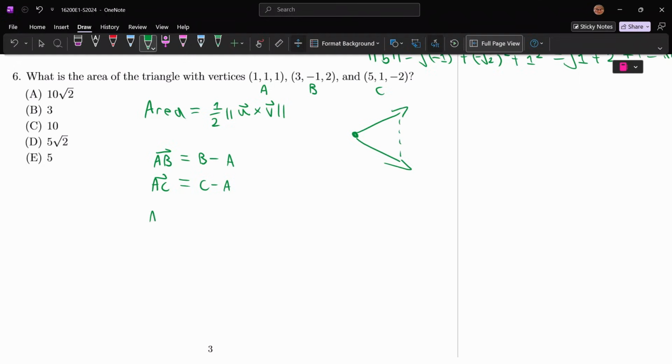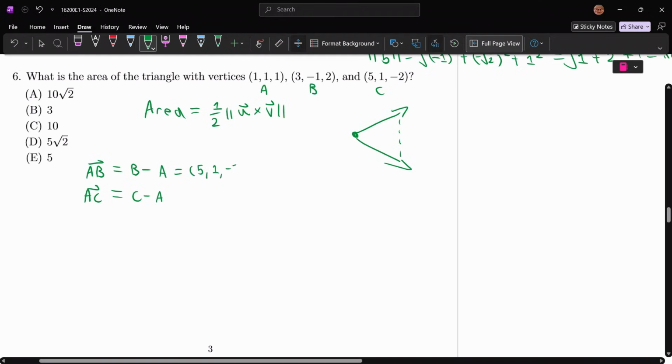So AB is going to be, let me move this down a little bit, 5, 1, negative 2, minus 1, 1, 1.